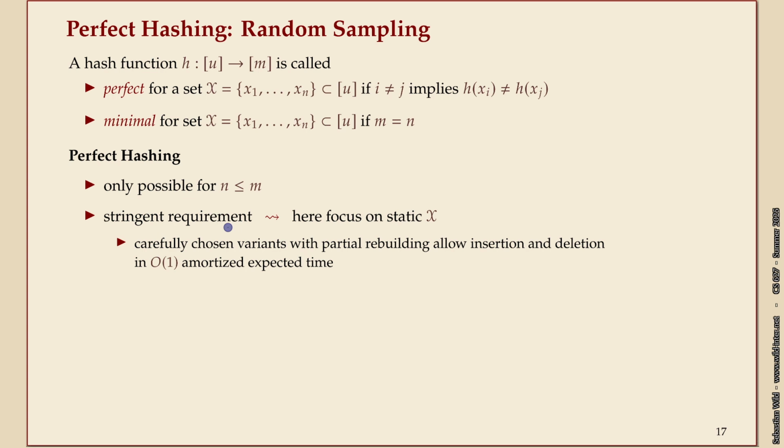In this case, we'll focus on a static set of elements. The schemes I know for making this dynamic are essentially rebuilding tricks where you get amortized bounds. But there are fancy constructions available that compute minimal perfect hash functions for a given set of elements.